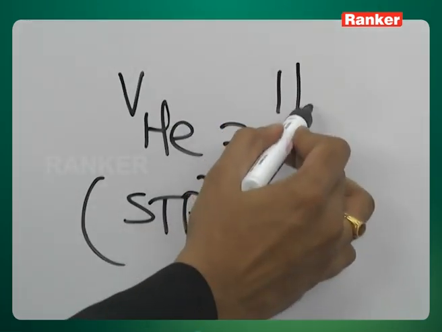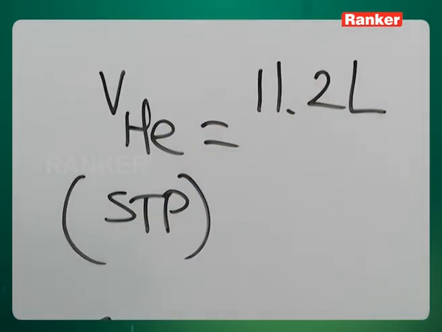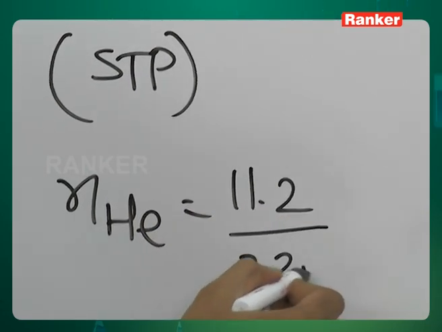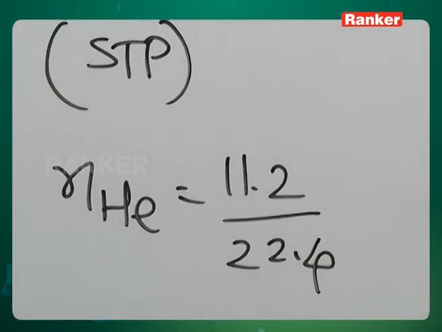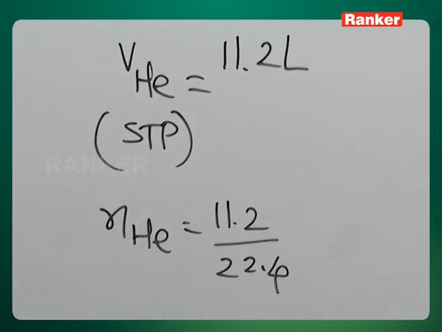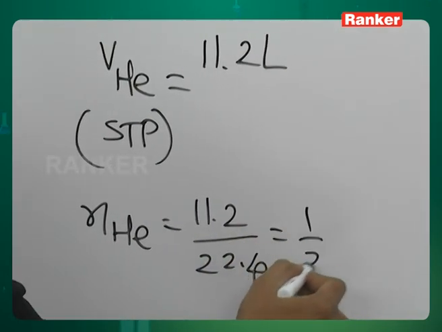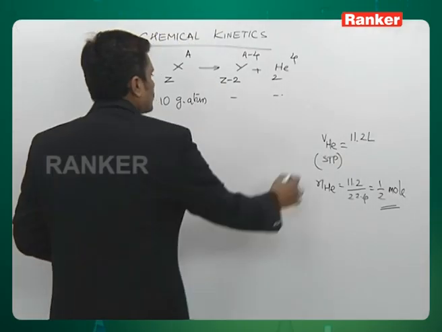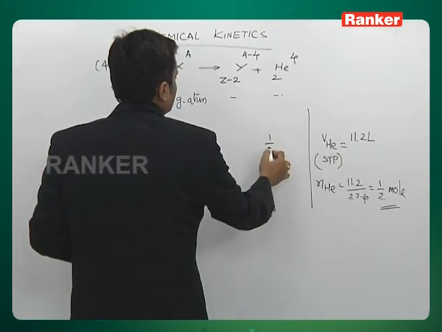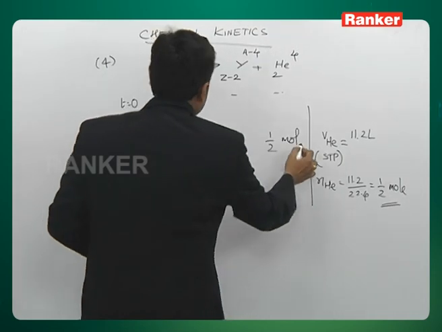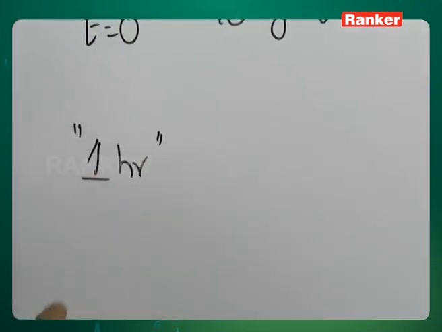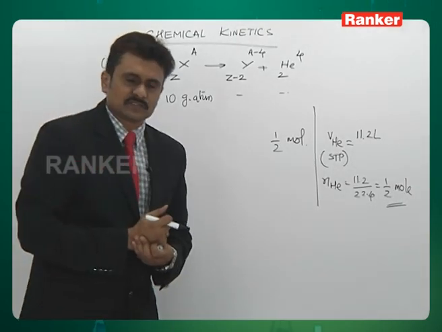At STP we know how to find the number of moles of helium. We divide that with 22.4, which is nothing but the molar volume. Now it is turning out to be half mole of helium is formed during the decay after exactly 1 hour. So after 1 hour of time, half mole of helium gas is formed.